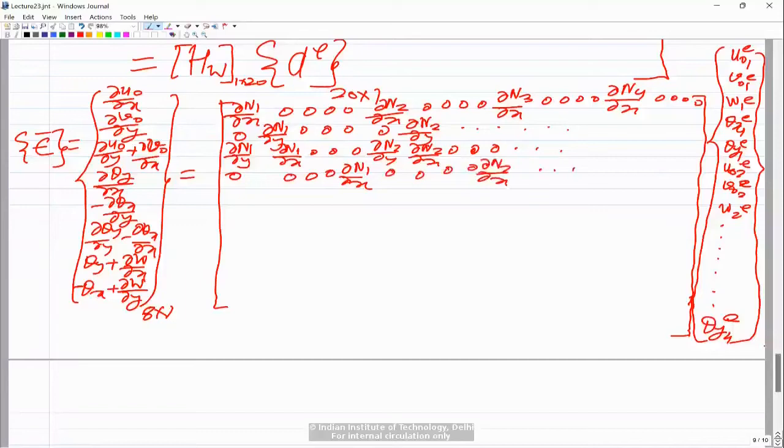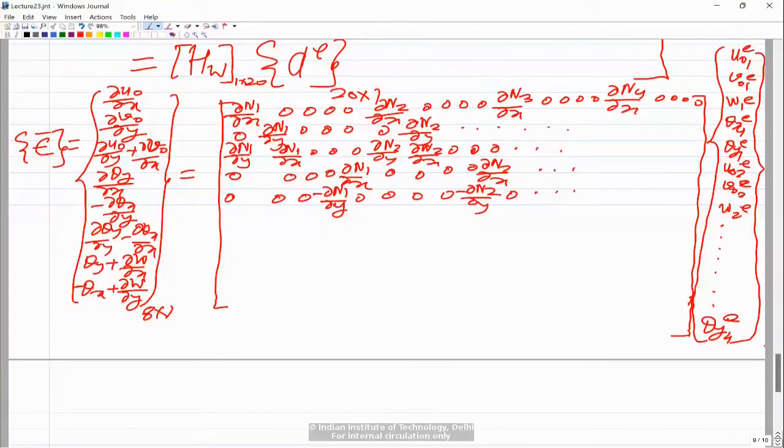Then next is minus del theta x by del y, and theta x is at locations 4, 8, 12, etc., but with a minus sign, and the derivative is with respect to y. So we will have 0, 0, 0, minus del n1 by del y, and then again 0, 0, 0, 0, and then minus del n2 by del y, 0, and so on. So this is the interpolation of minus del theta x by del y.